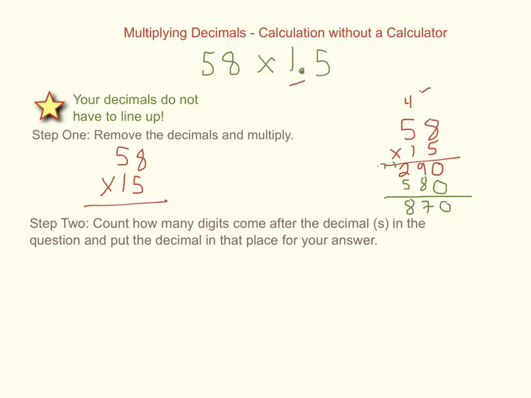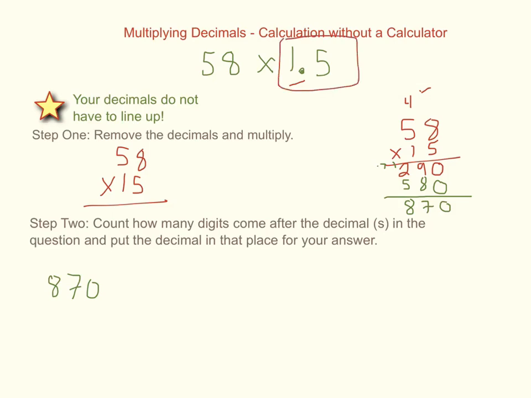Now for step 2, we'll write our 870 here. It says count how many digits come after the decimal or decimals in the question and put the decimal in that place for your answer. I know it's a little bit wordy, but I'll talk you through it. If we go back up to our question, we look at the one with a decimal in it. We've only got one number with a decimal, so we're only paying attention to this number right here.